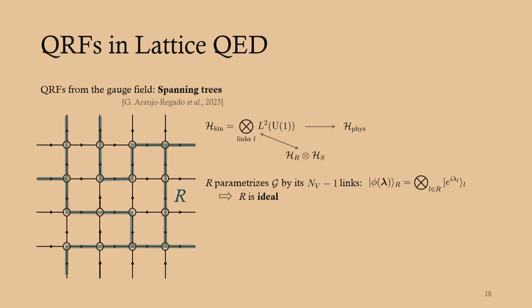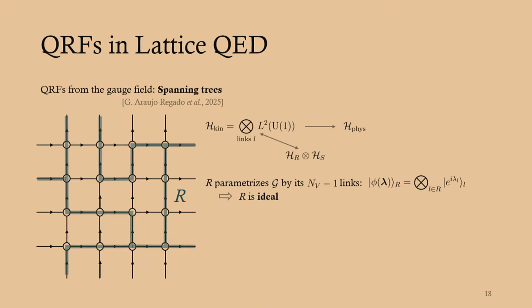Yes? Yes, I think the best motivation I have is that once you gauge fix a spanning tree, you can essentially write a set of generators for all the holonomies as a set of independent holonomies.